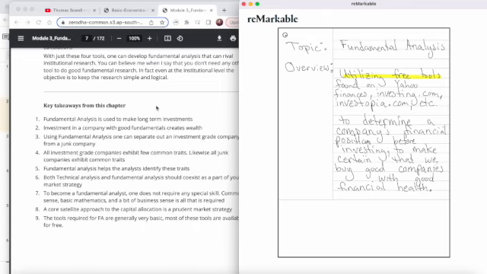Utilizing free tools to determine good companies with good financial health.